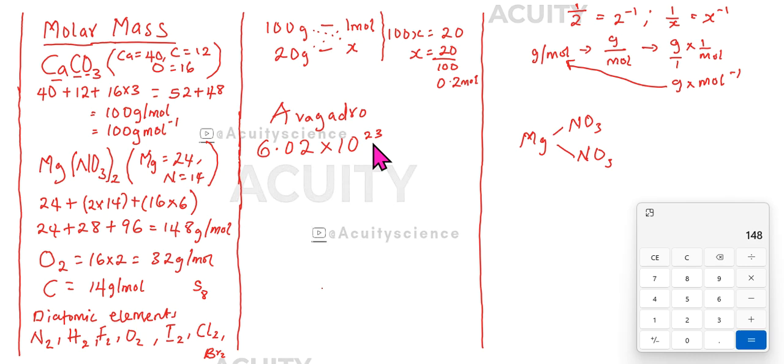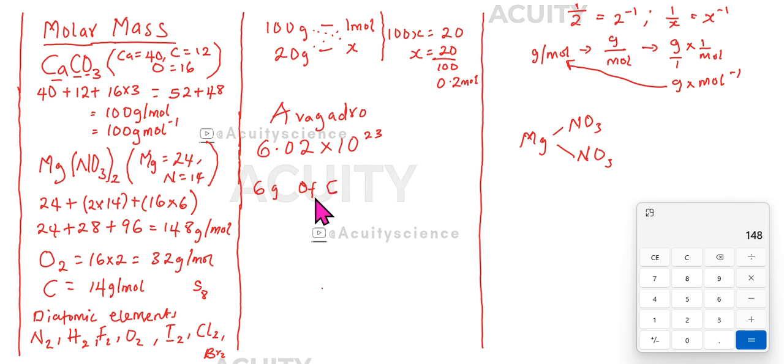Okay, let's say, for example, you want to find the number of atoms in 6 grams of carbon. All right. So what do you do? You cannot work with 6 grams because the Avogadro number does not work with grams. You have to work with moles.